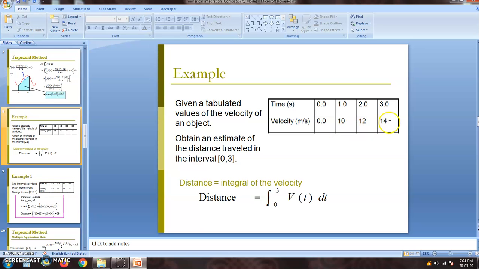I'm sorry, it should be 7 into 3, because 3 is b minus a and 14 plus 0 divided by 2 makes it 7. 7 into 3 will become 21. Okay, that is the answer.